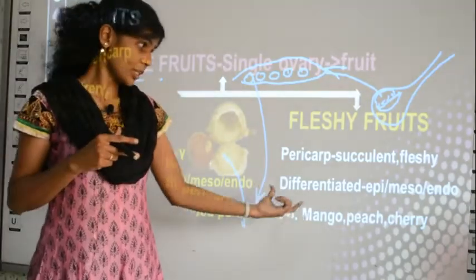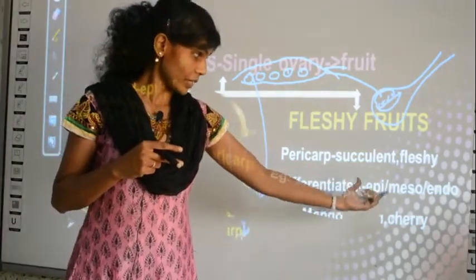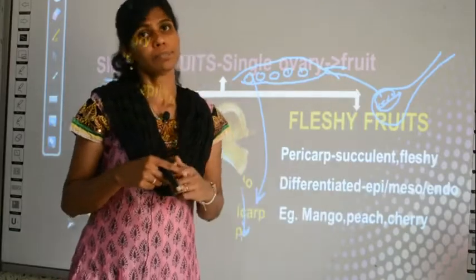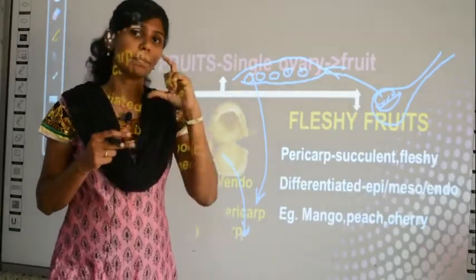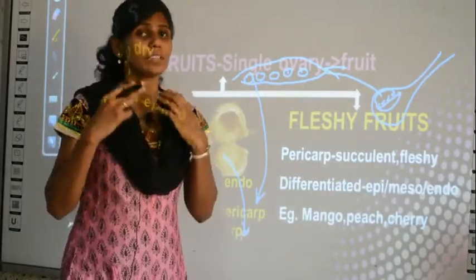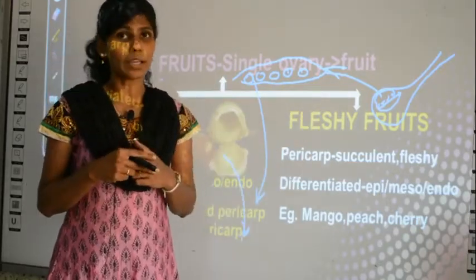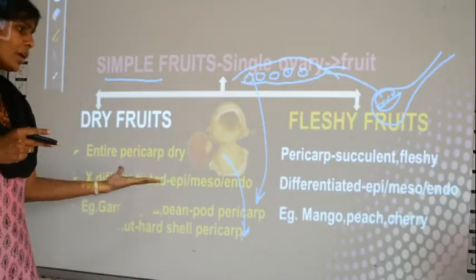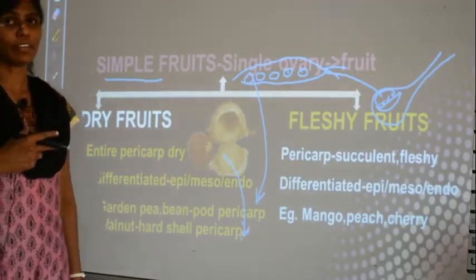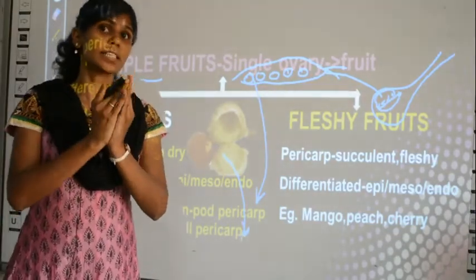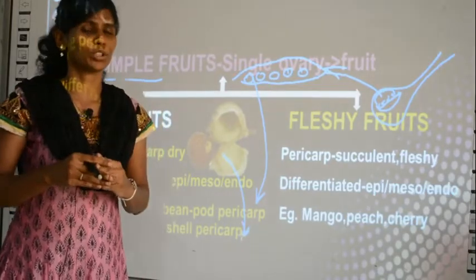Okay. So, it is differentiated into epicarp, mesocarp and endocarp. So that fleshy part itself is divided into 3. You can differentiate them in the case of fleshy fruits, but in the case of dry fruits, all these 3 parts are not at all differentiated. They exist as a single dry portion.